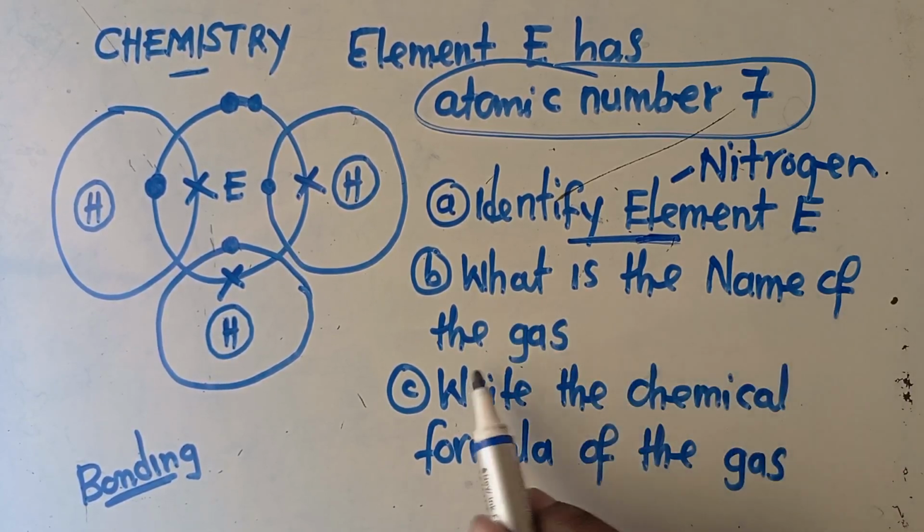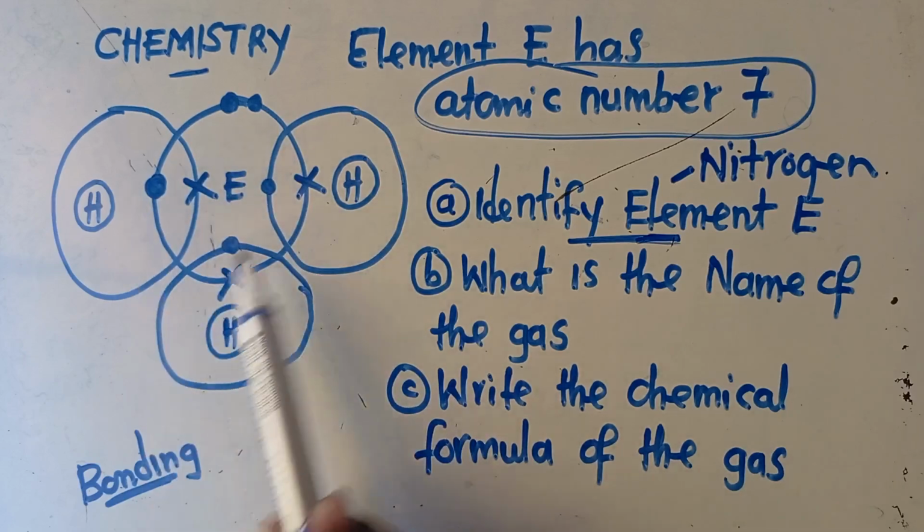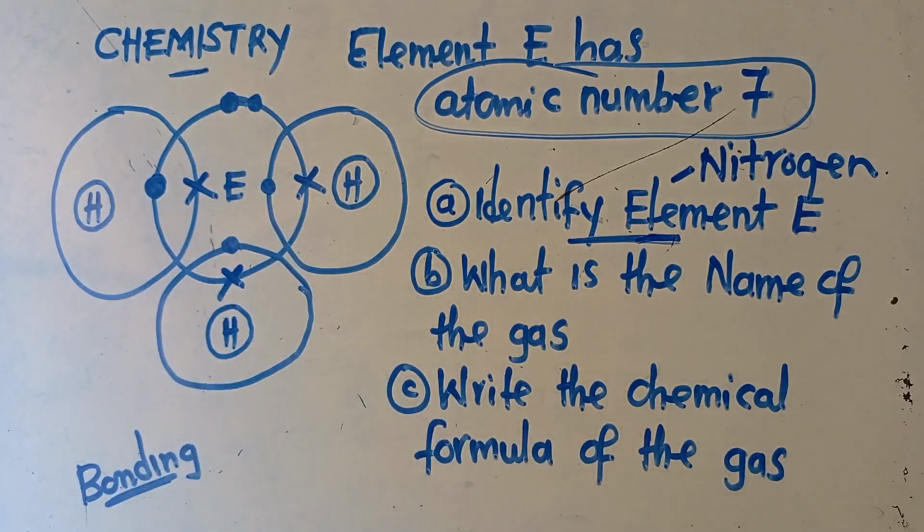What is the name of the gas? They want you to name this gas. This is a gas. You need to make sure that you understand the concepts in chemistry. Here they are telling us to name the gas. They are not telling us to write the chemical formula.